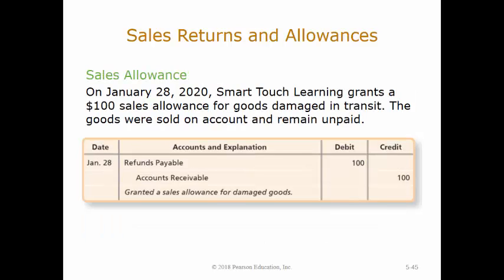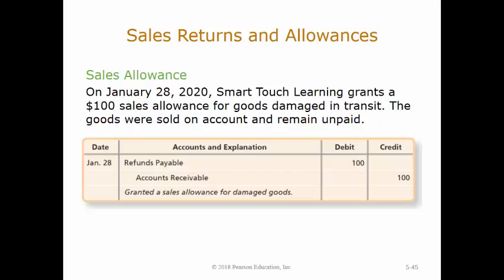In situations of a sales allowance, a customer requests a refund of some portion owed, but the customer does not return the inventory. When a seller grants a sales allowance, the company issues a credit memo indicating that the company will reduce the customer's accounts receivable or issue a cash refund. The company also reduces the estimated refunds payable.